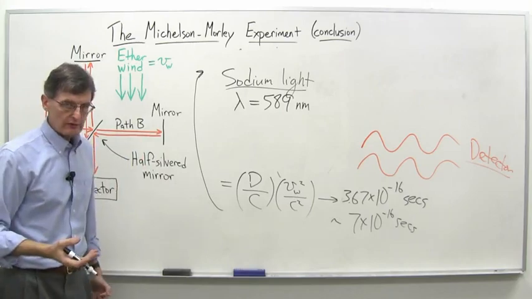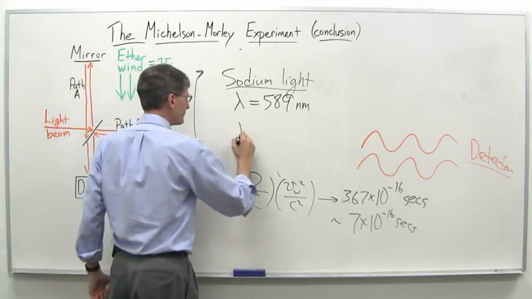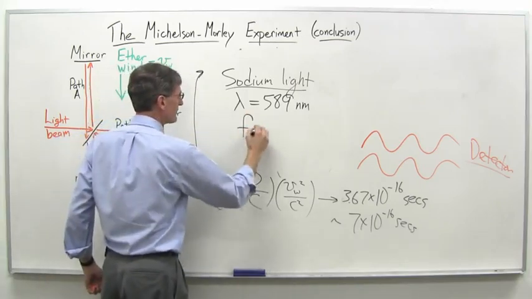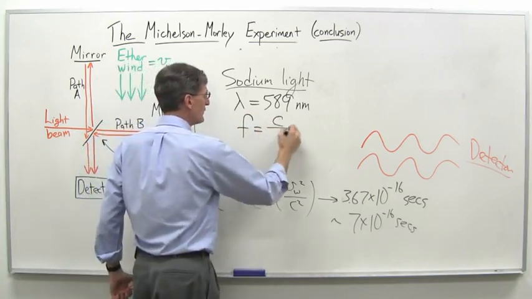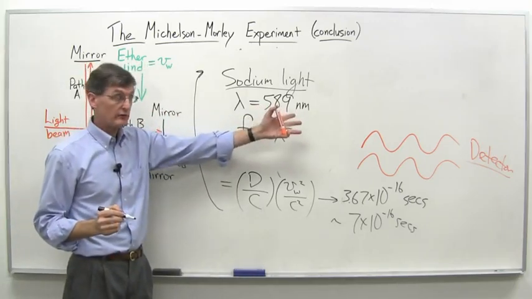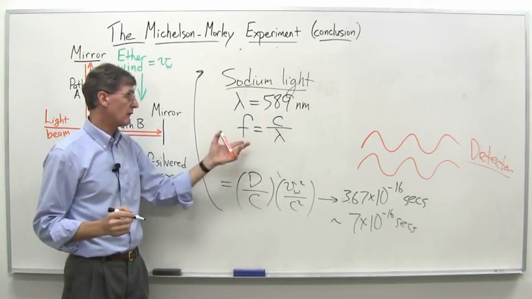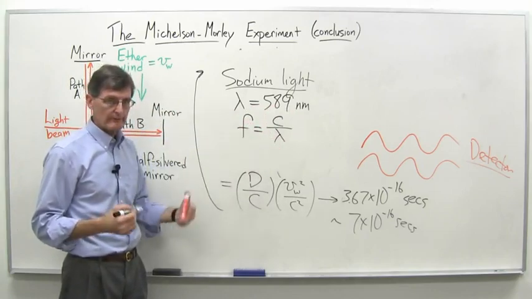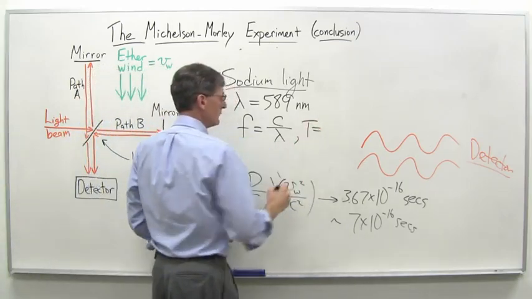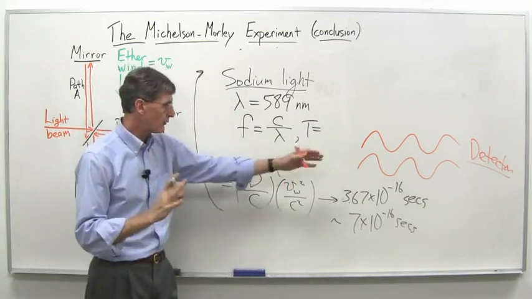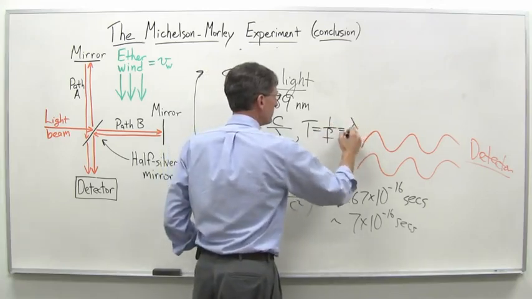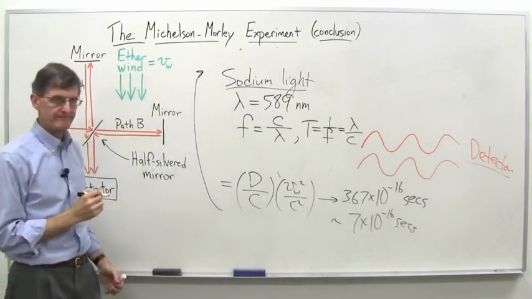And another equation we mentioned when we were talking about light, we used F for frequency. So F, the frequency of light, remember, is c over lambda. So given 589 nanometers, billionths of a meter, and the speed of light, we can figure out what frequency that sodium light represents. But also, we know the period, which is the time between the peaks of our waves here, is 1 over the frequency, which is lambda over c.